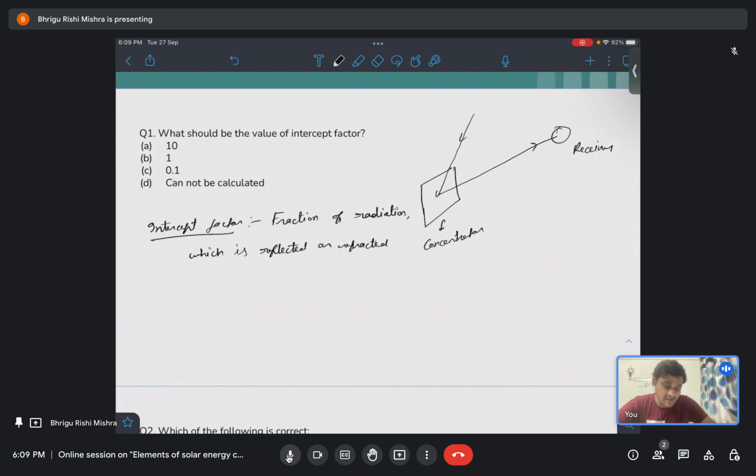In most of the cases we use a mirror to reflect the solar radiation to concentrate it on the receiver, or to send it on the receiver.